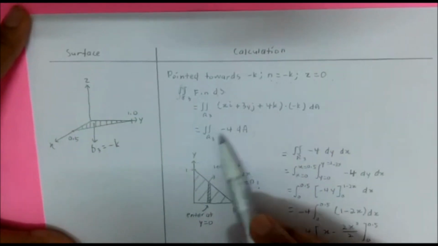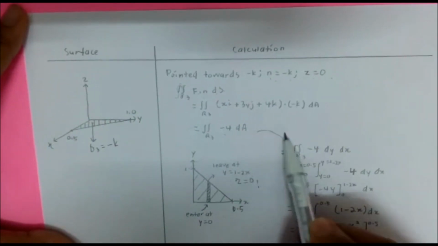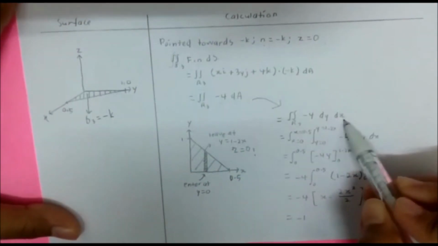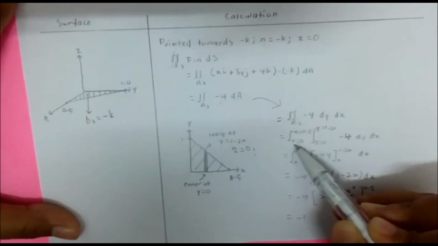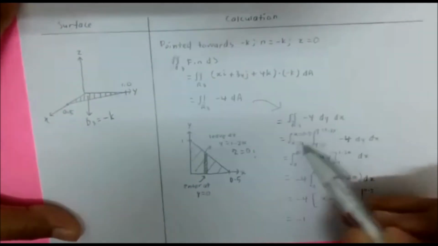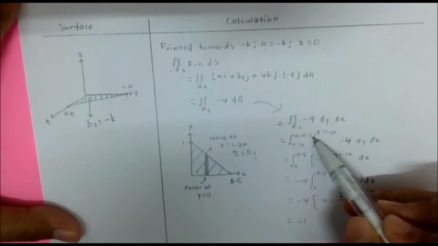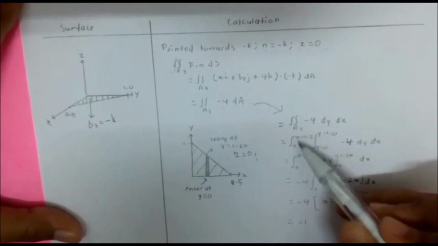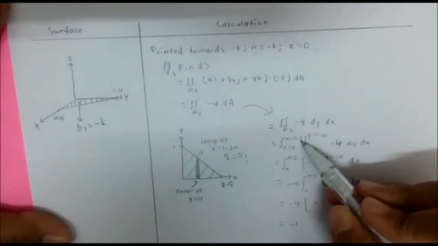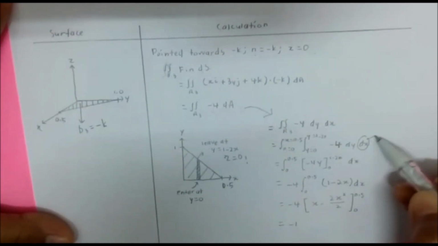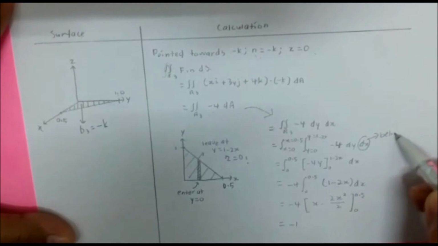So after this, we go to this. We know that dA equals dx dy, and first for the limit, x equals 0 and x equals 0.5. We put x at the outer integral because the x is behind.